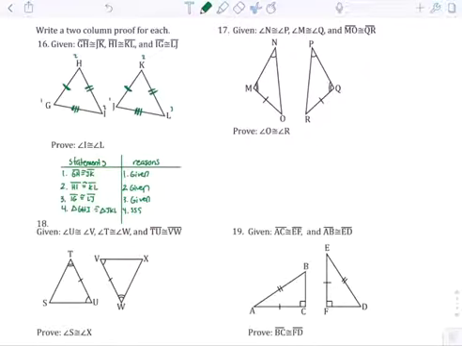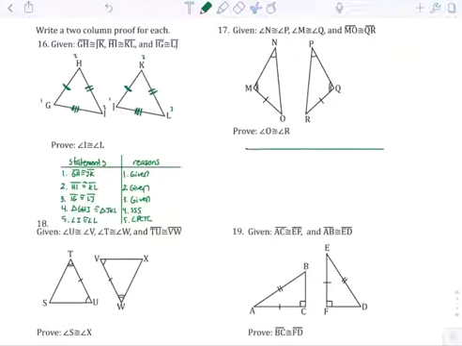Side, side, side. And then finally, we can prove that those angles are congruent to each other. Angle I congruent to angle L by CPCTC. Again, you guys just keep on practicing, and if you keep on practicing this, then a lot of this stuff becomes easier to see.